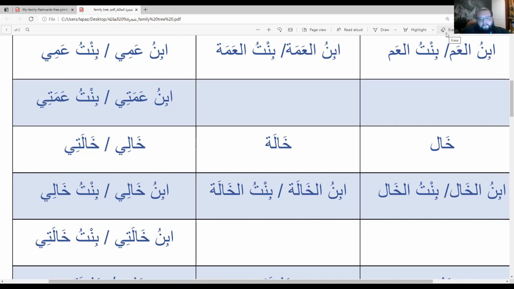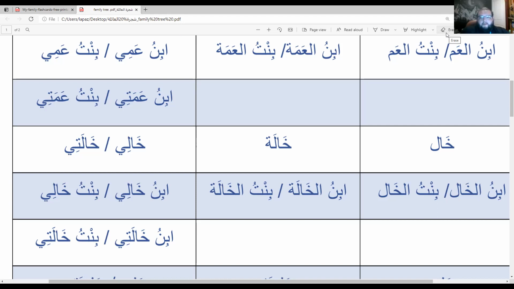Let's say ابن خالي عبد الملك, so my cousin's name is عبد الملك. Or بنت خالي صوفيا, بنت خالي صوفي.